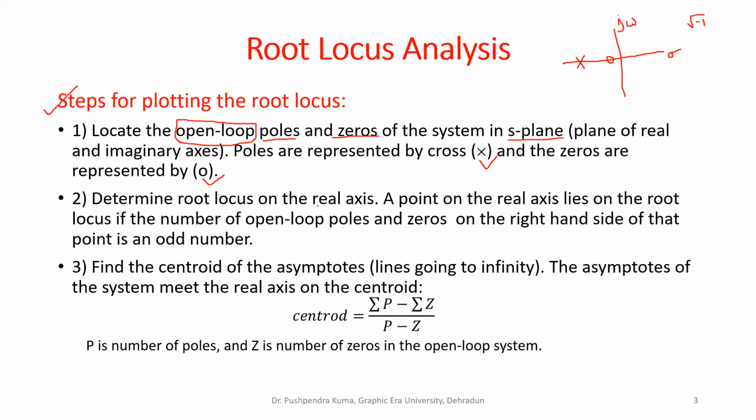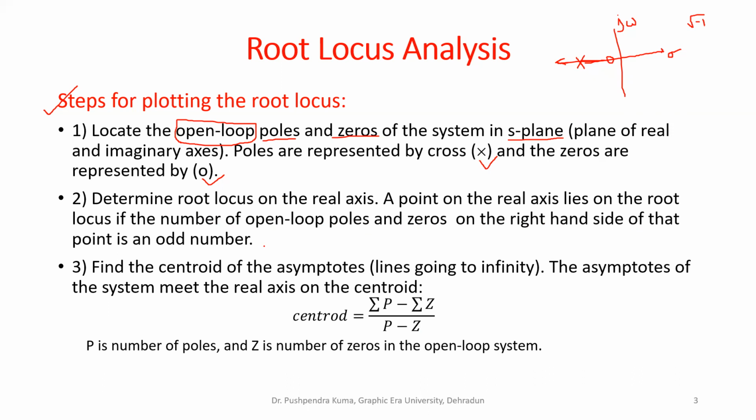Now determine the root locus on the real axis. This is my real axis, and you have to first find the root locus on this axis. At which locations will we have the locus on this real axis? A point on the real axis lies on the root locus if the number of open loop poles and zeros on the right hand side of that point is an odd number.